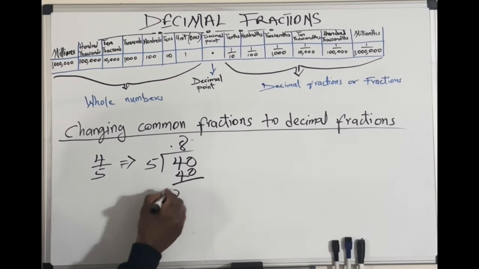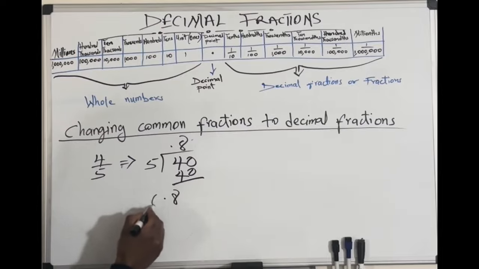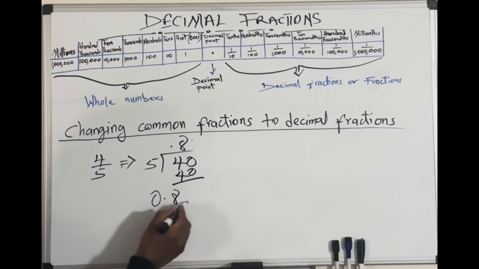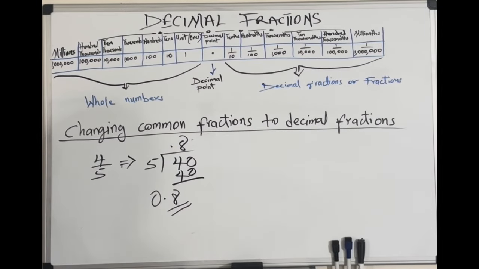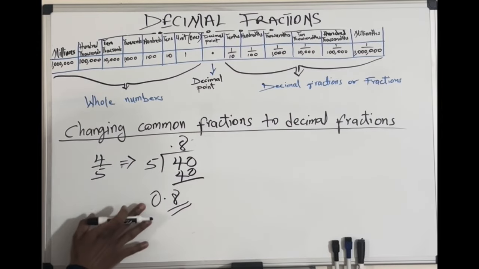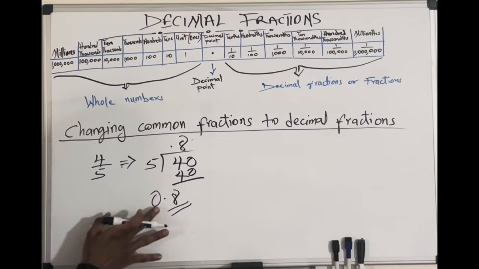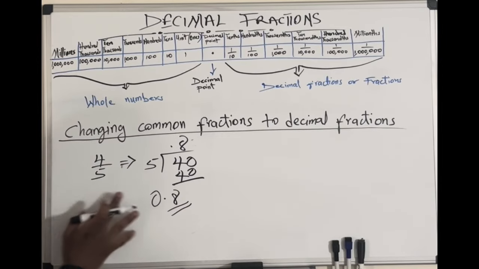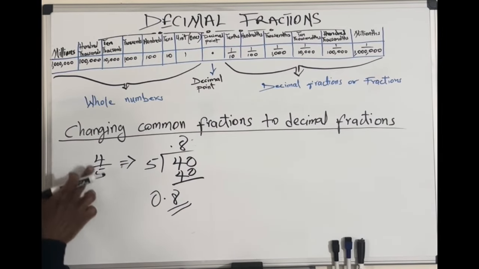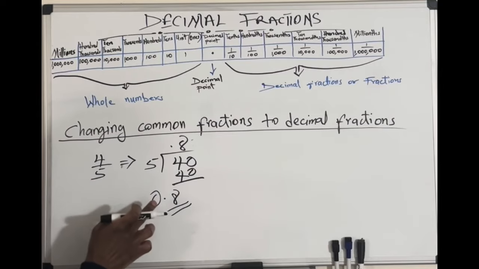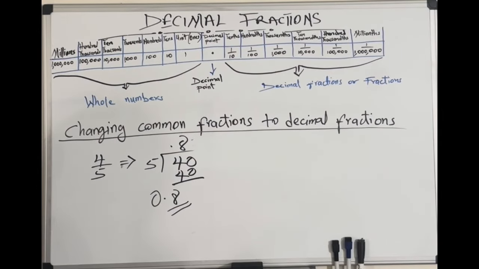Our final answer is what? 0.8, but then we have to bring 0, so 0.8. So common fraction 4/5 is equal to decimal fraction 0.8. So 0.8 is also the same as 4/5, and 4/5 is also the same as 0.8.